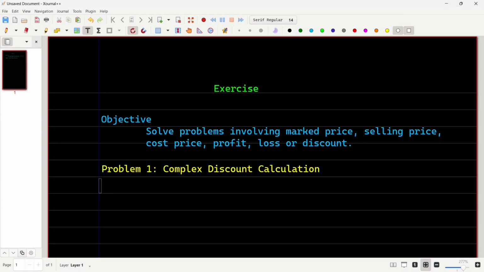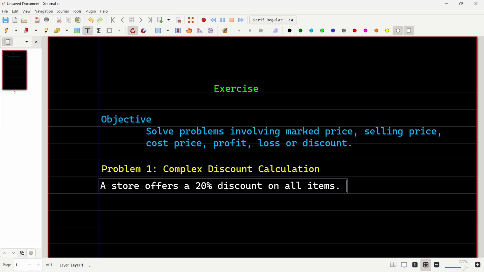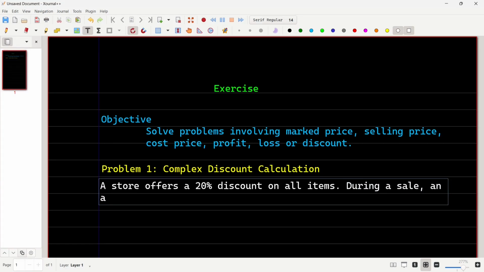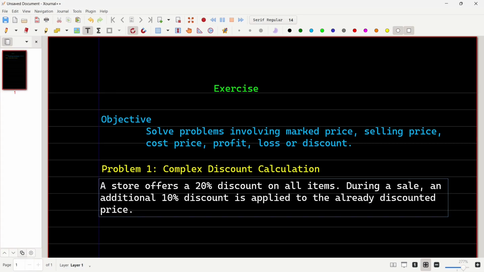So the question is that a store offers a 20% discount on all items. During a sale, an additional 10% discount is applied to the already discounted price.